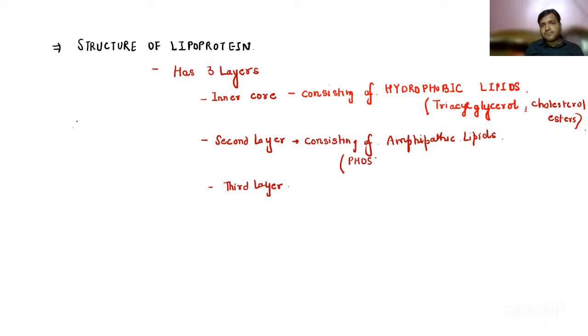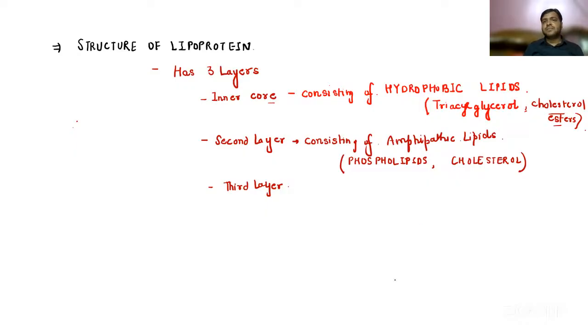It is phospholipids. Or one more example, it is cholesterol. Beta, in the inner core we have the esters of cholesterol, but in the second layer we have the cholesterol. So it consists of amphipathic lipids.